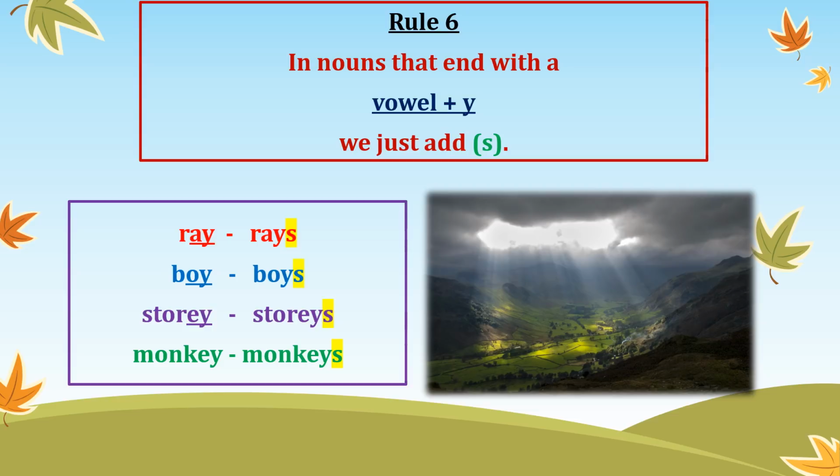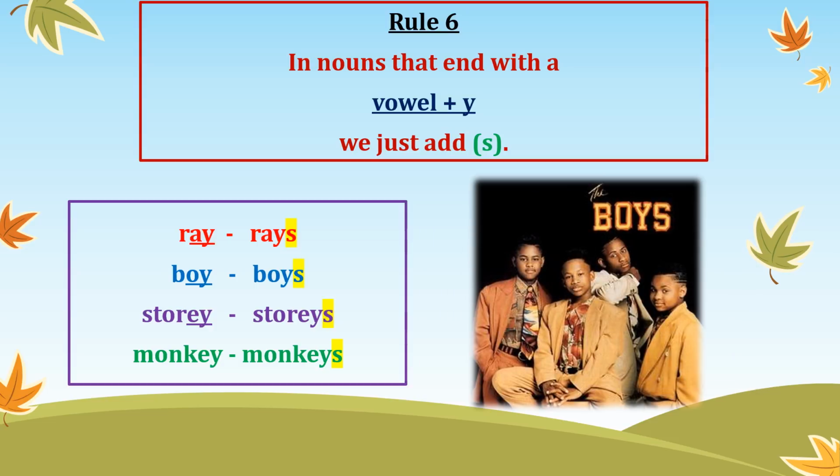Moving on to the next one. Boy. Boy is again ending with a Y. And just before Y, we have O. That is a vowel. So, boy will become boys.